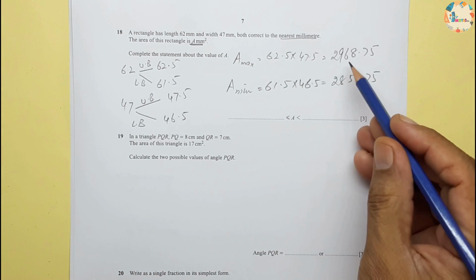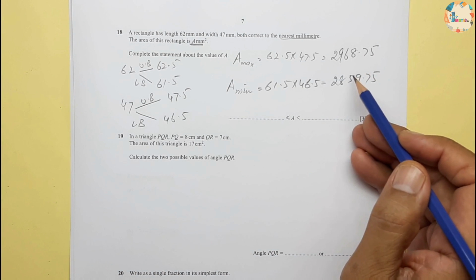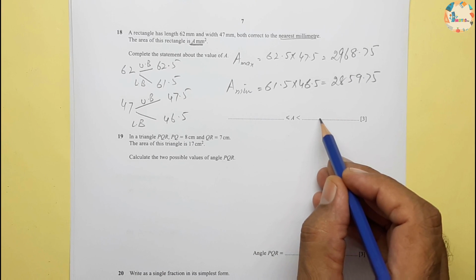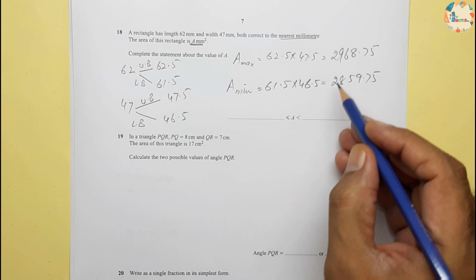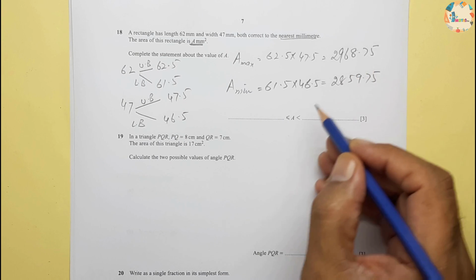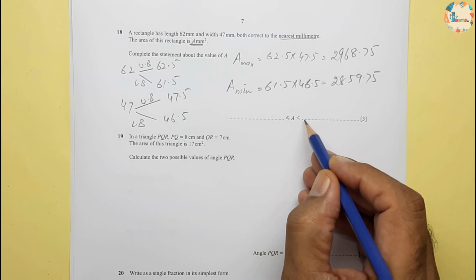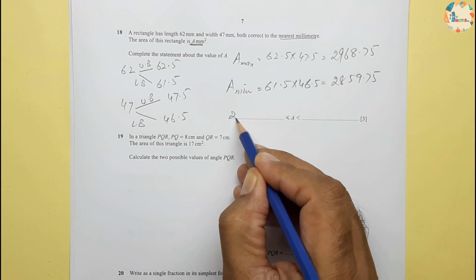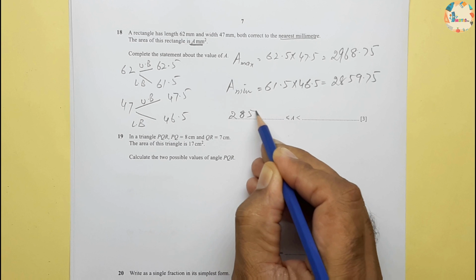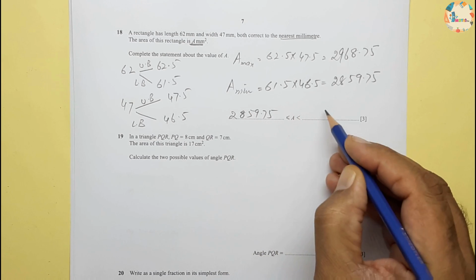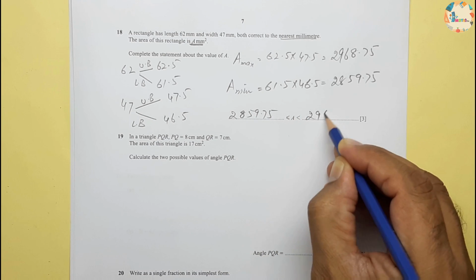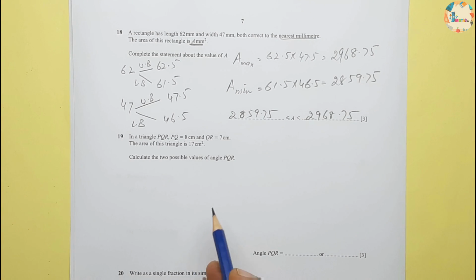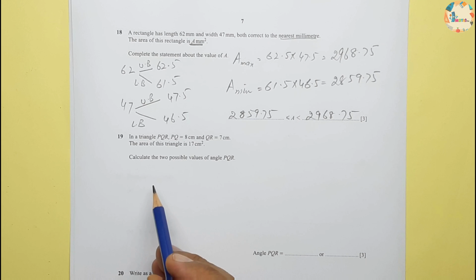So these will be the upper bound and lower bound. The maximum area you have to write on this side, otherwise your answer will be wrong, because this is the bigger side. According to these signs you will have to follow this lower value. You will be writing over here 2859.75 and 2968.75. You'll have to take care of these smaller and bigger values on the proper side.